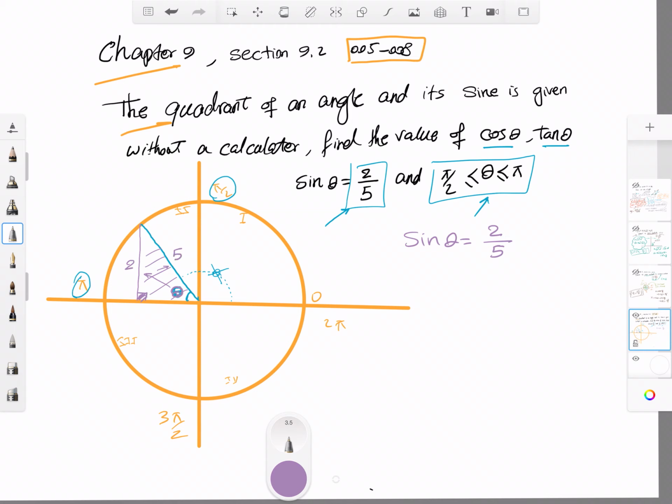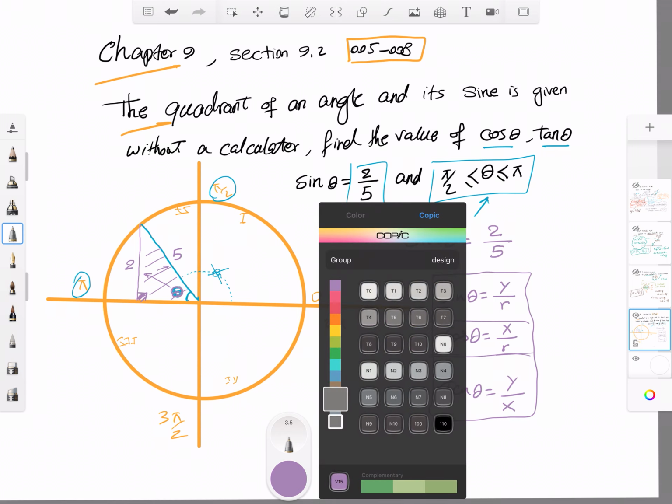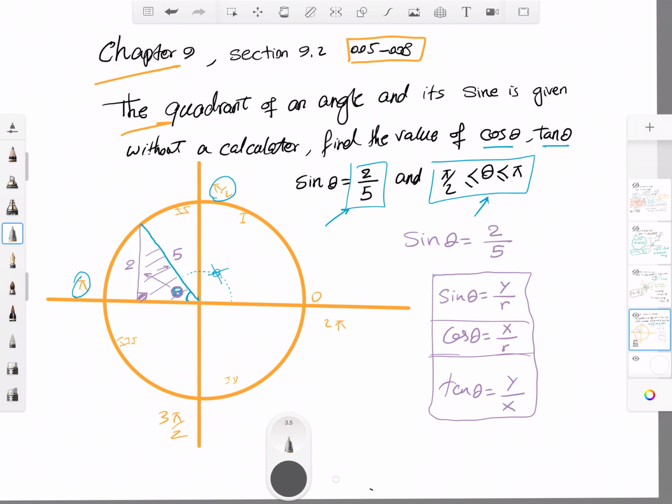In your note sheet you should have that sine of theta equals y over r, cosine of theta equals x over r, and tangent of theta equals y over x. This is exactly the same as opposite over hypotenuse, adjacent over hypotenuse, and tangent is opposite over adjacent.